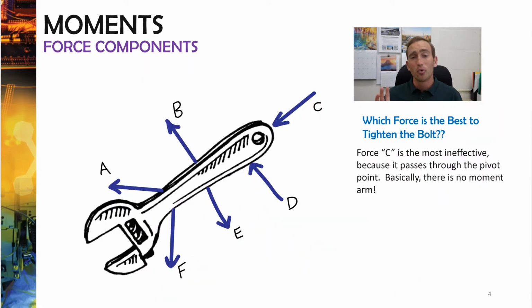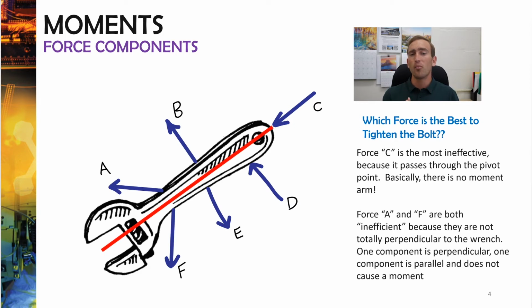After C, what are the other worst forces to apply to this bolt? Well, we can see that B, E, and D are all perpendicular and fairly far away. But the forces that are the closest are A and F. Because those two forces are extremely close and they're at an angle, we can actually see that in some ways the forces of A and F are similar to C, and that some of their components, shown here in yellow, actually are parallel through the line that passes to the bolt.